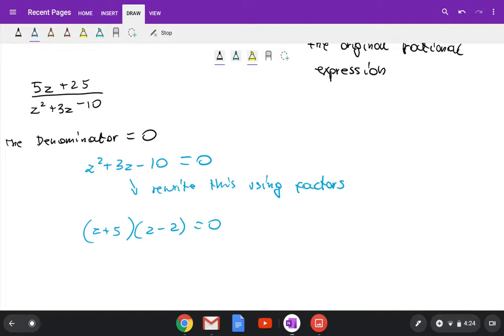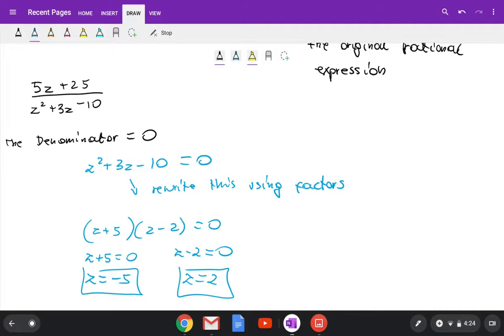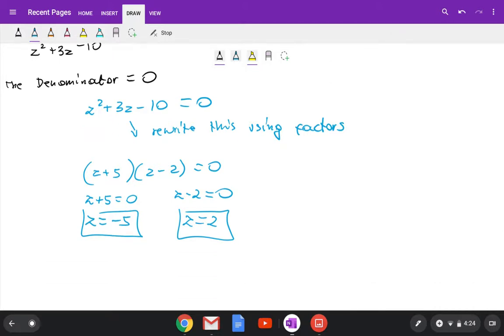Now you can use the zero product rule, which means you're solving two equations: z plus 5 equals 0 and z minus 2 equals 0. That will give you z equal to negative 5 and z equal to 2. So we have two restricted values.